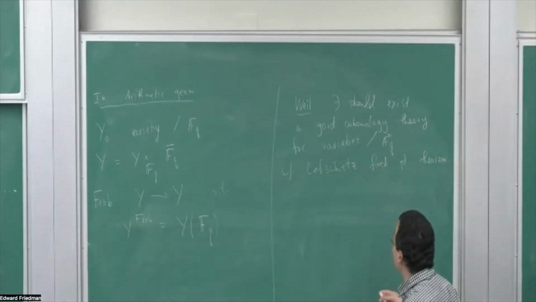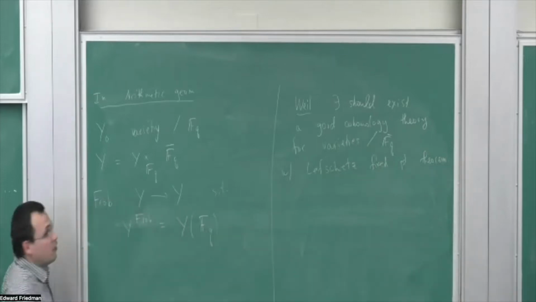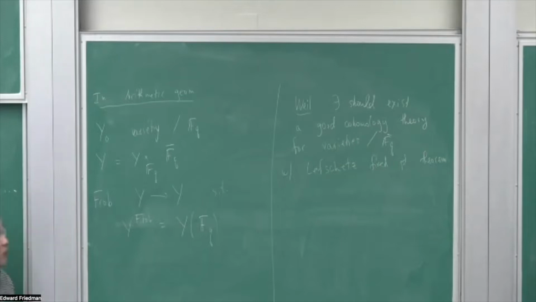Then one could take this homology and evaluate the trace of Frobenius acting on this homology to get a count of fixed points.